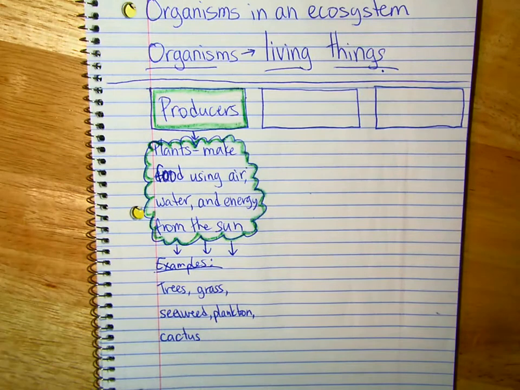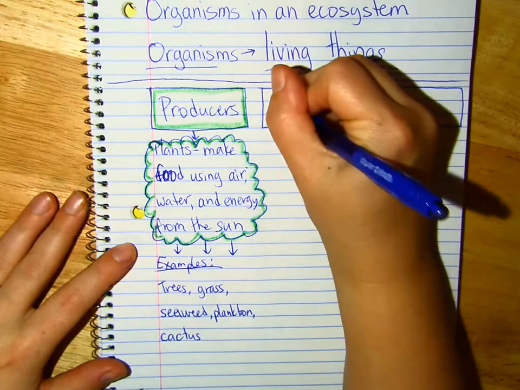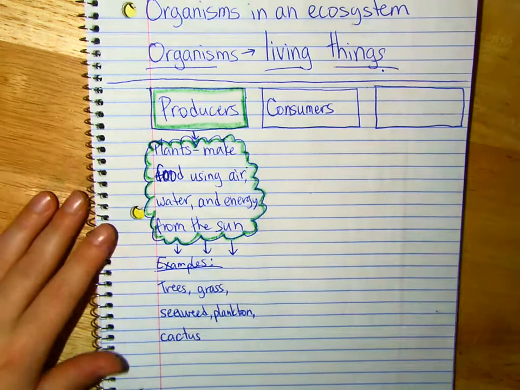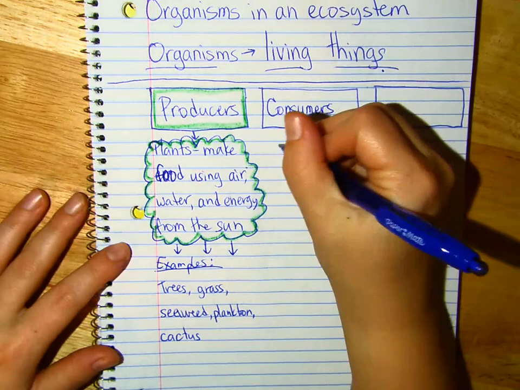Awesome. All right, the next group of organisms are the consumers. And consumers are animals.